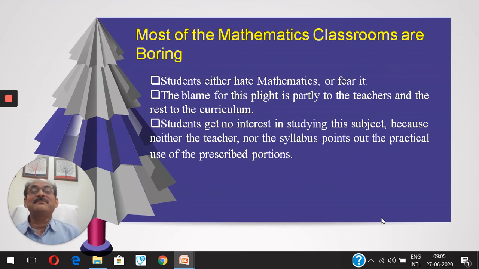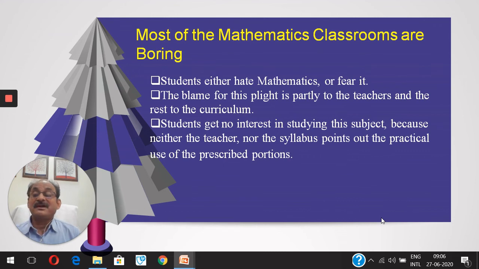Students either hate mathematics or fear it. The blame for this plight is partly on the teacher and the rest on the curriculum. So we are blaming the curriculum, we are blaming the teacher. Students say, "We don't understand the mathematics class."